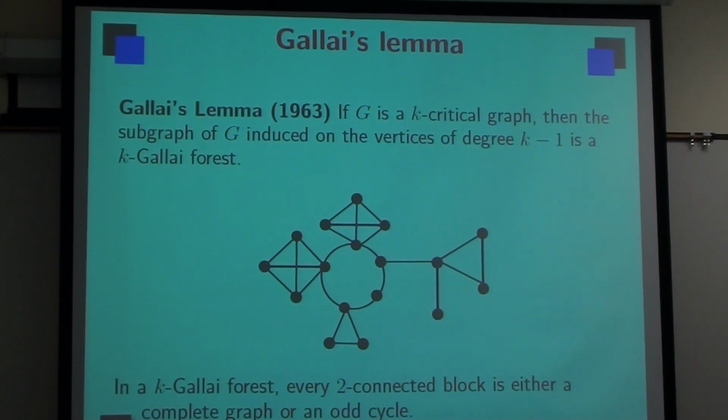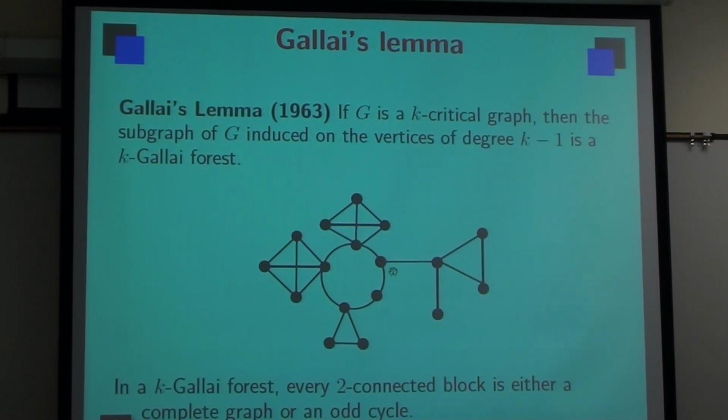So now we can use the tool called Gallai's lemma, proposed by Gallai in 1963. If G is a k-critical graph, then you look at the subgraph induced by the vertices with degree k minus 1. We call it the Gallai forest. Gallai forest is a graph that you can consider in blocks.